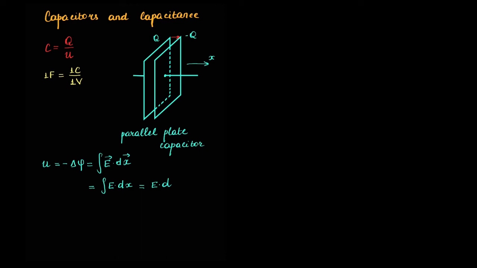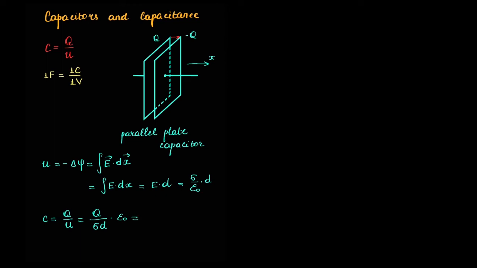Now, the electric field strength inside the capacitor is given by sigma over epsilon 0. So if we multiply it by d, we will get the voltage. Then the capacitance, Q over U, equals Q divided by sigma d over epsilon 0.